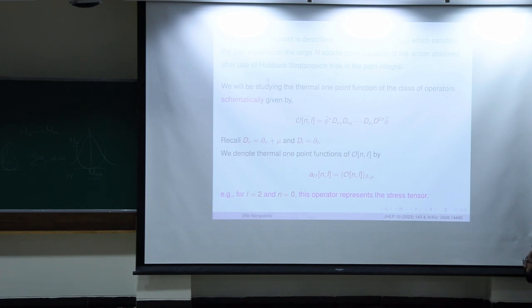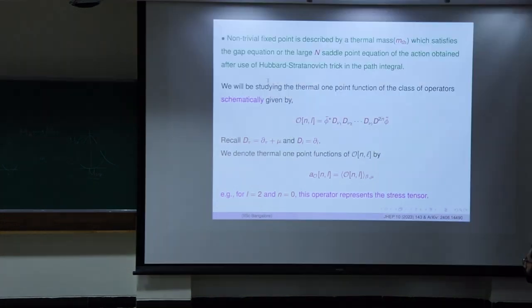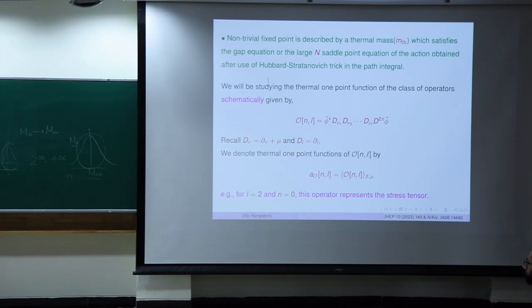If you solve it, you can see that the thermal mass m_th is never real. With the chemical potential, there will be a chemical potential term. So there will be one plus mu term and another minus mu term: log(1 plus e to the power minus m_th plus mu) plus log(1 plus e to the power minus m_th minus mu).